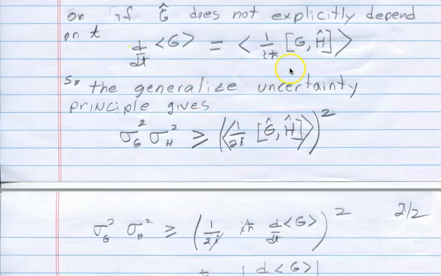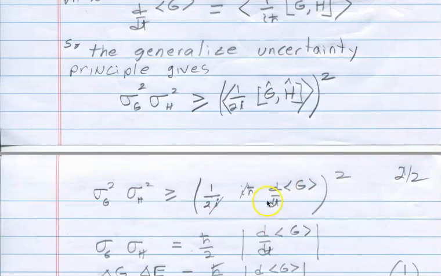However, in our case, if you take a look at this, I can bring the i h bar outside as a constant, and this commutator, if I multiply through by i h bar, just becomes i h bar times d/dt of the expectation value of G. I simply replace this commutator with i h bar d/dt of the expectation value of G. And the i's go out, so again it's real.